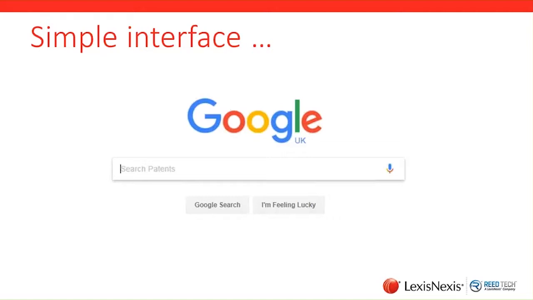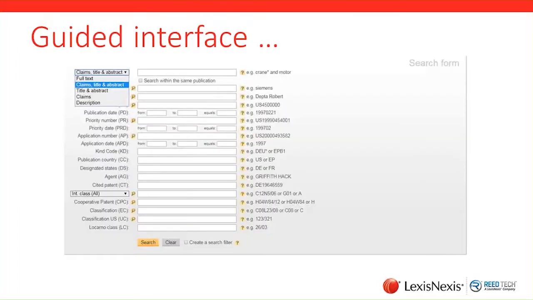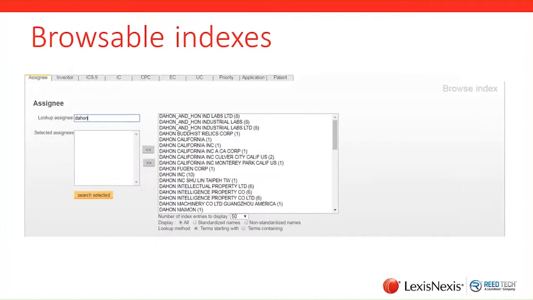These days, most tools offer a fairly comprehensive suite of features and functions, and many include a range of search interfaces from simple, Google-like interfaces to more advanced search forms with drop-downs that allow the user to restrict their search to particular fields. Some also allow the user to browse specific content like names and classes.